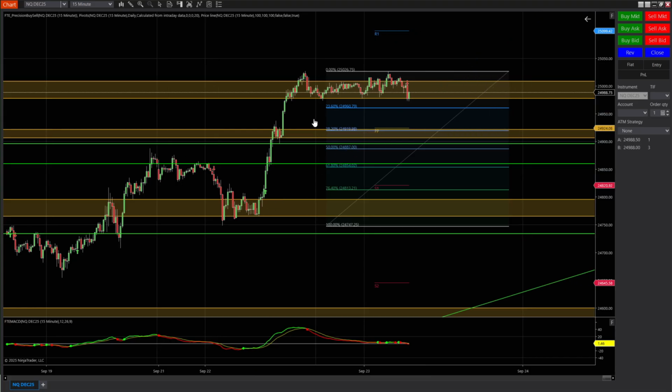As far as to the downside, we got this zone box I put in here. It's not a big zone box. It is from about 906 to 921, but it's right under that golden pivot point.